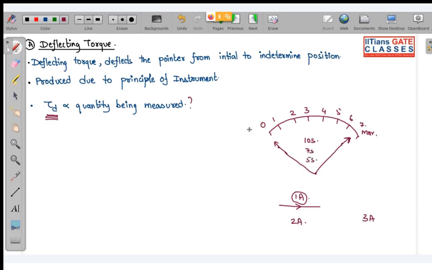So it will be directly proportional to the magnitude flowing. If the value is more, it will reach the maximum value faster. If it is less, it will reach slower. That is what I meant over here. Shishir, Nitish, both of you, is it clear? Any doubt? Fine.